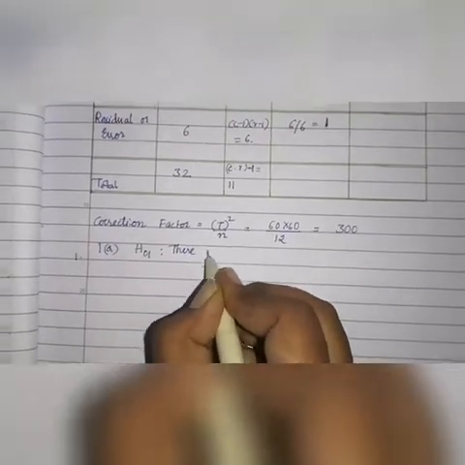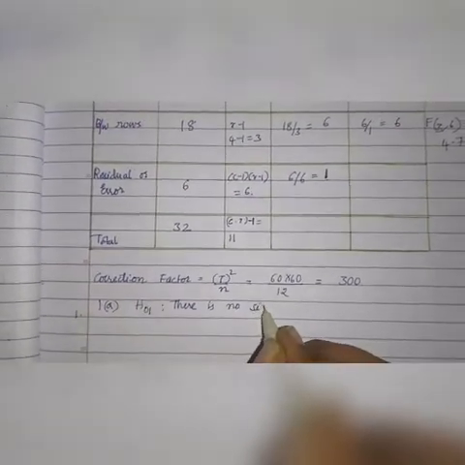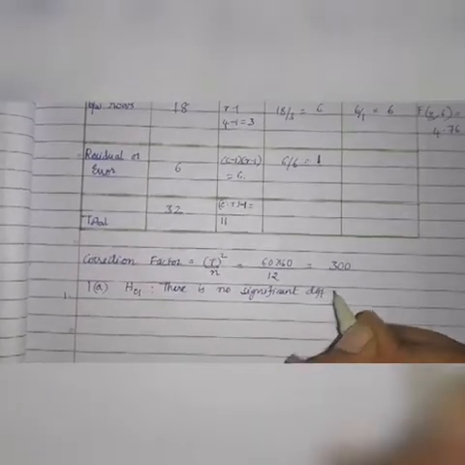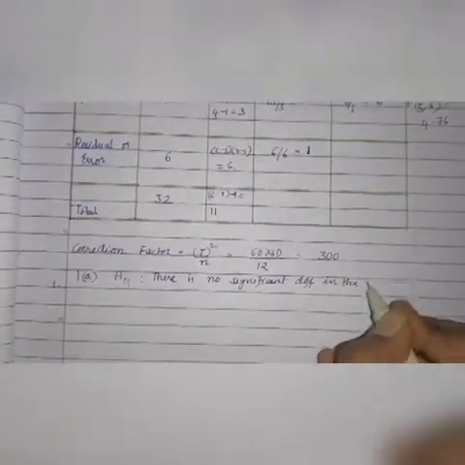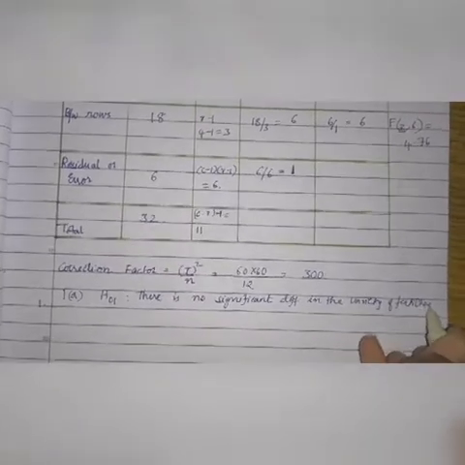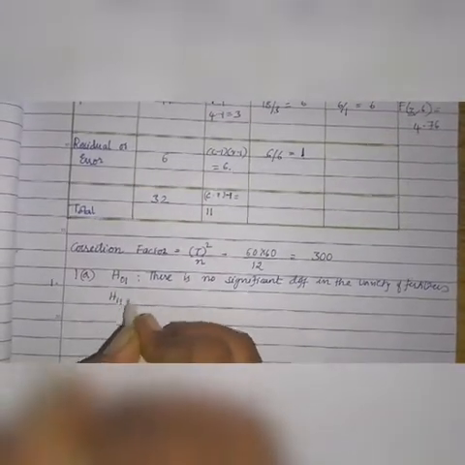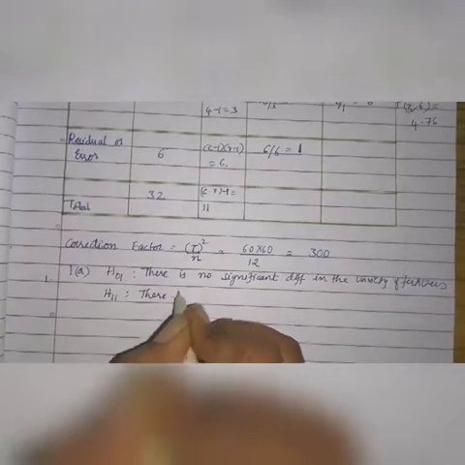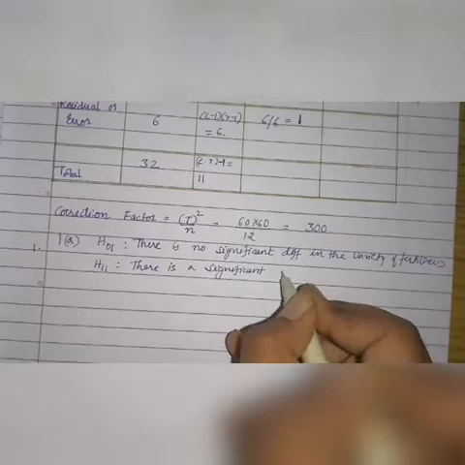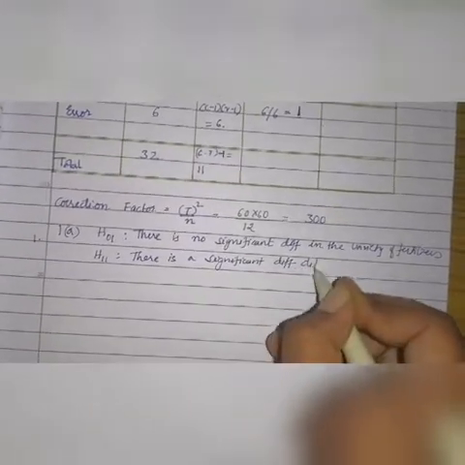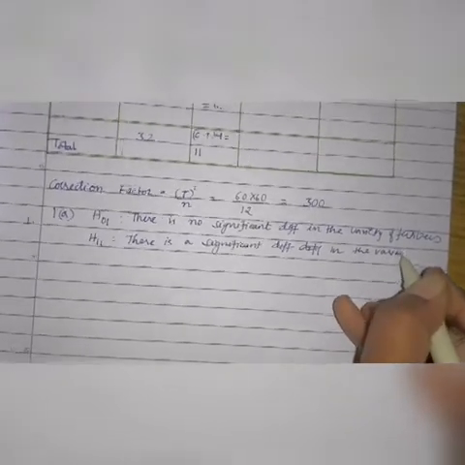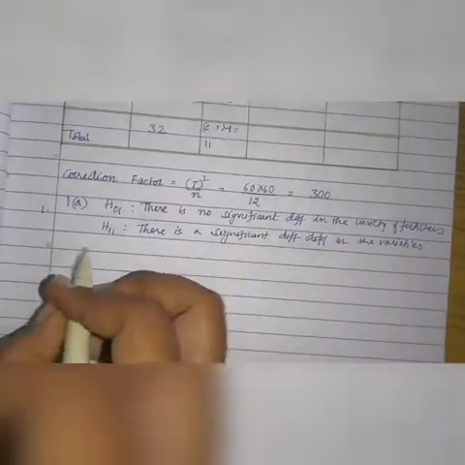There is no significant difference in the variety of fertilizers. And H11 will be, there is a significant difference in the varieties. Okay, this is the first set of hypotheses.